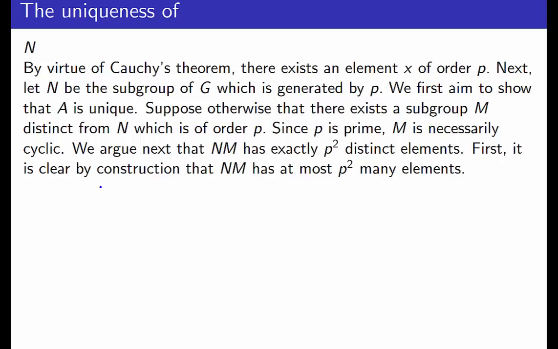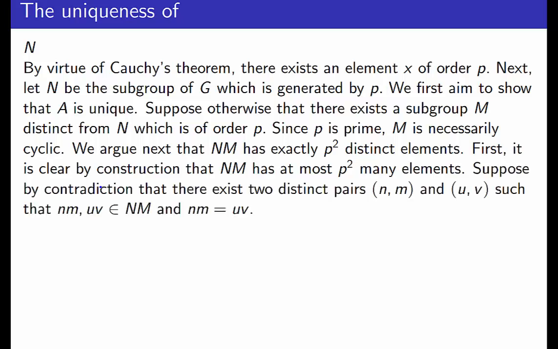In arguing that, first it is clear that by construction Nm has at most P squared many elements, because there are P many elements in N, P many elements in M. So the largest possible number of elements that Nm can have is P squared. We just want to check here that it's not possible to take different products which will give us the same elements. That's the only thing that we need to check here.